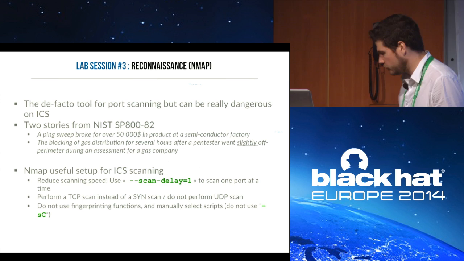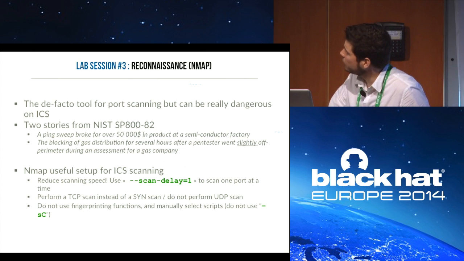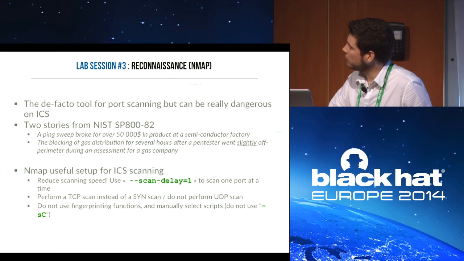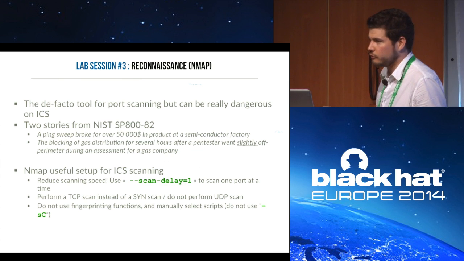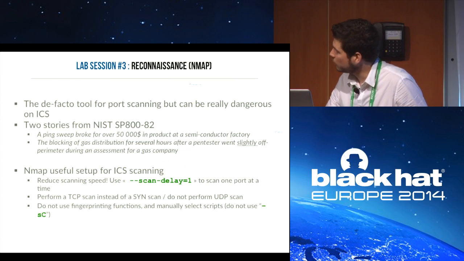In one case, they lost $50,000 of material, and in the other incident, a penetration tester caused a big problem with gas distribution, so for several hours the company was not able to distribute gas. So yeah, that was kind of a big deal.